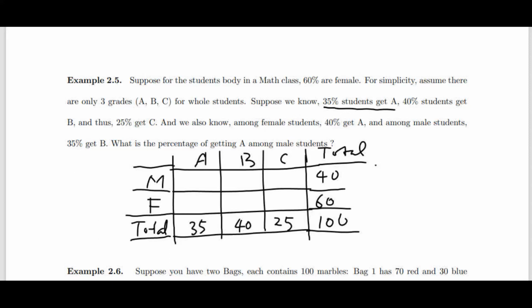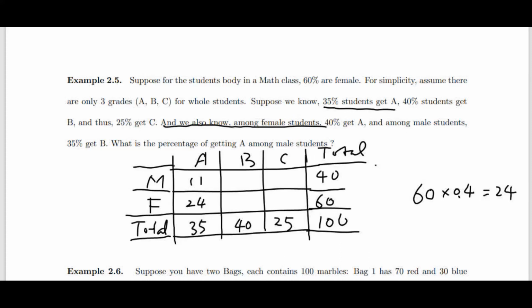We also know that among female students, so here we just consider female students. Among female, we have totally 60, right? Among these female students, 40% got A. So 40% of 60 equals 24, right? So we know here's 24 got A. Then we can find that here should be 11, right?